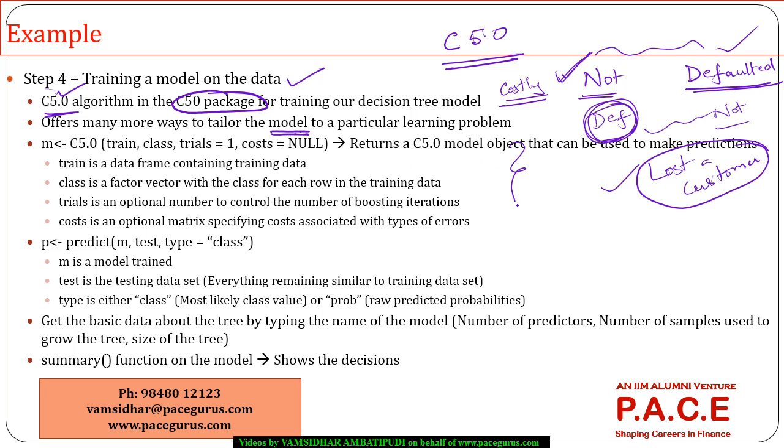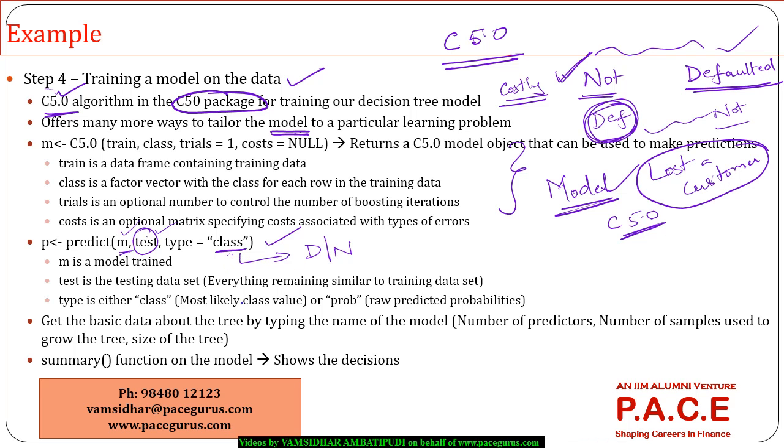So this is how I do the modeling process, the training part, and the output of the training part is a model. Once I get a model, which is a C5.0 model, I can do the prediction of the data. That is where I'll use my test data. I'll use the model that I have created and the test data, and I will try to predict two things. If I type in class here, it will classify all the test data into a default or a not default kind of category.